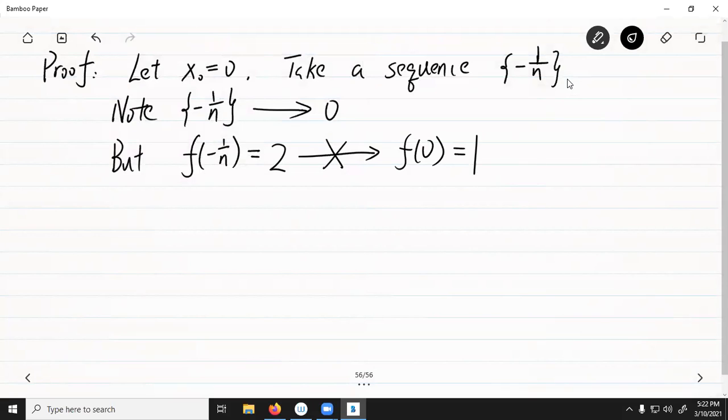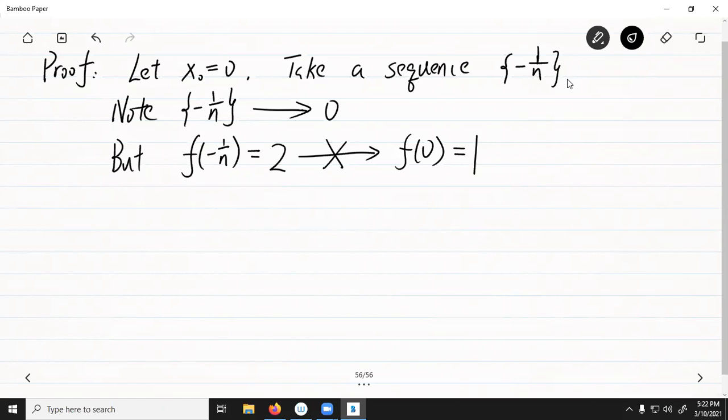So we find a sequence which converges to 0. However, f of that sequence, we generate a new sequence, right? The new sequence is a set of numbers 2, 2, 2, 2, 2. Everywhere is 2. So this new sequence has no limit 1, and 1 is f of 0. It will not converge to f of 0.